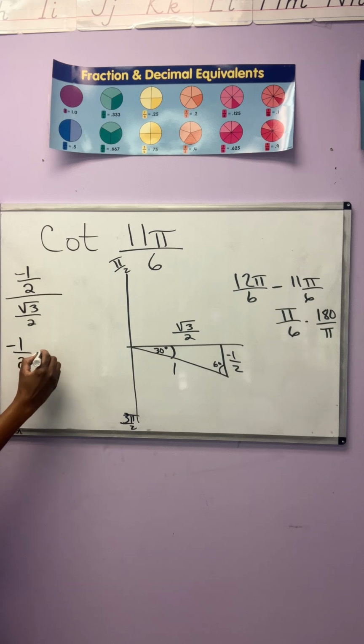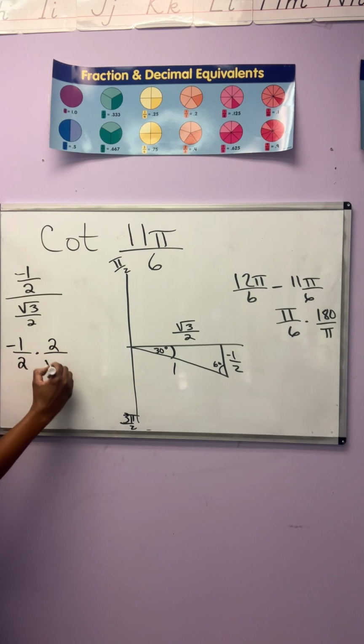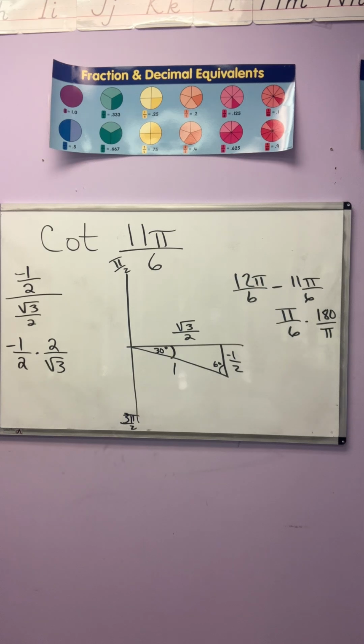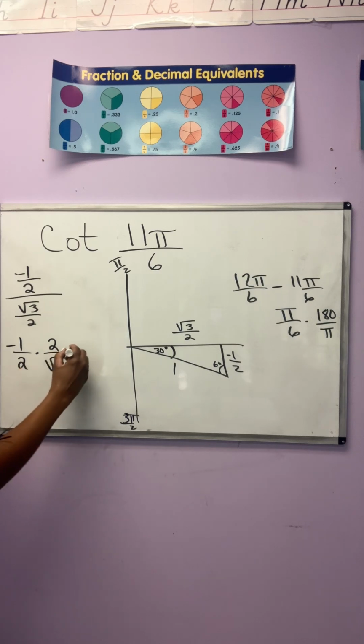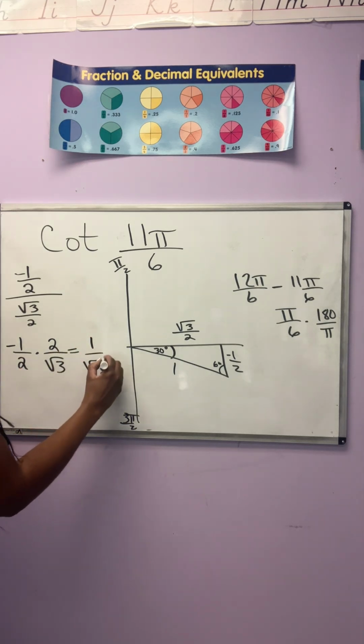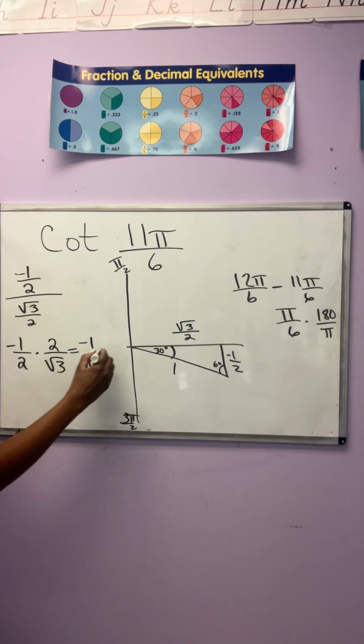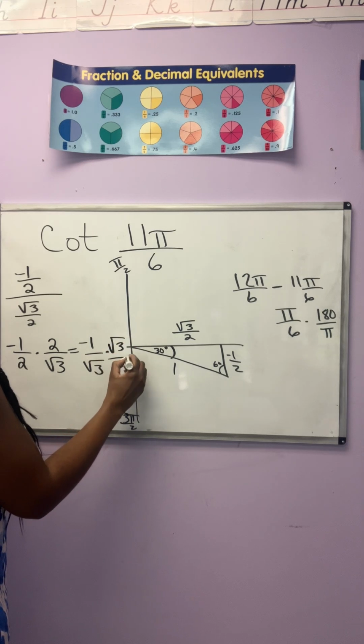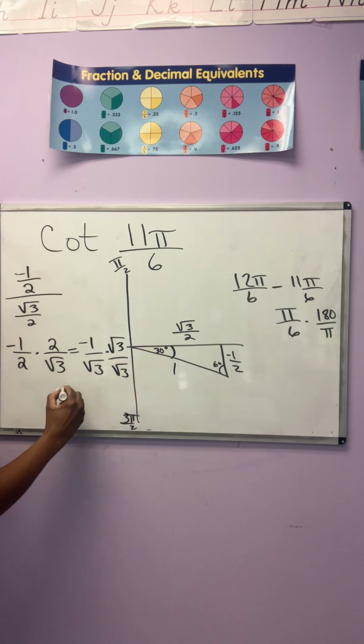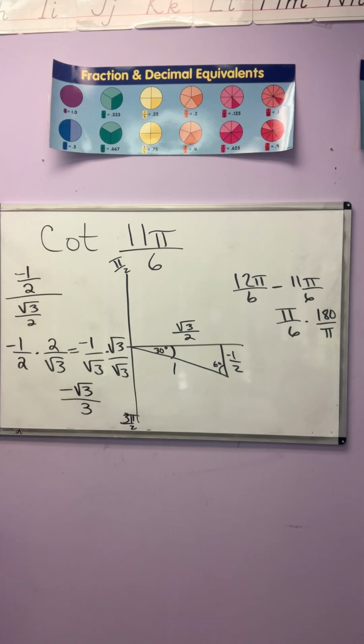Keep negative 1/2 and flip it. Okay, and here we have negative 1 over the square root of 3. But we know that we have to rationalize our denominator. So we have negative square root of 3 over 3.